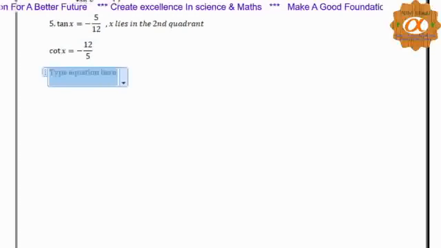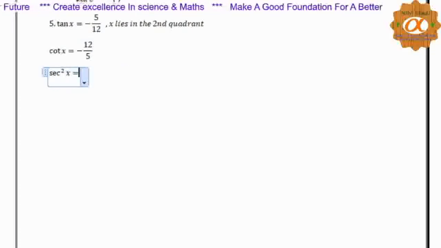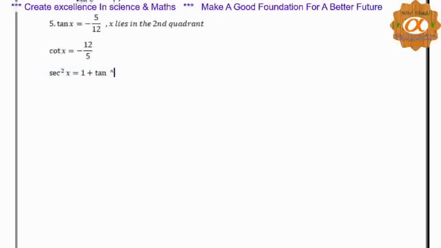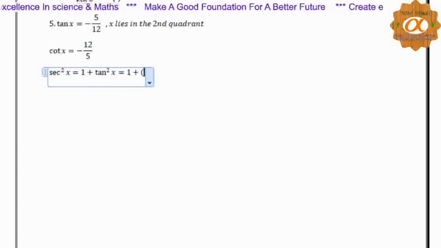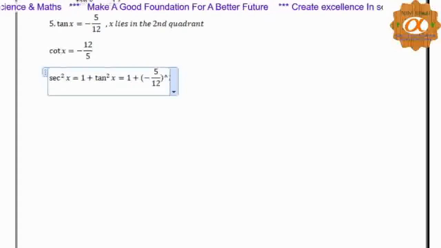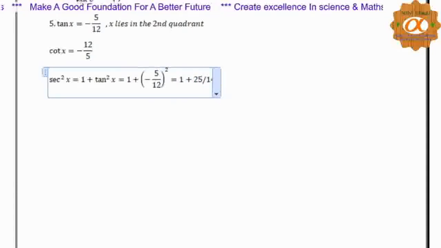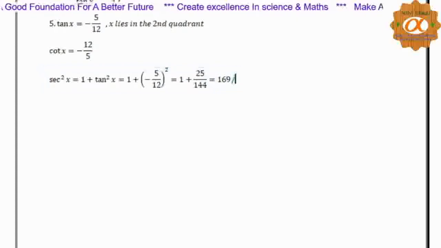Now sec square x is equal to 1 plus tan square x, that is equal to 1 plus (minus 5 by 12) whole square, that comes out to be 1 plus 25 by 144. After taking LCM, we get 169 by 144.